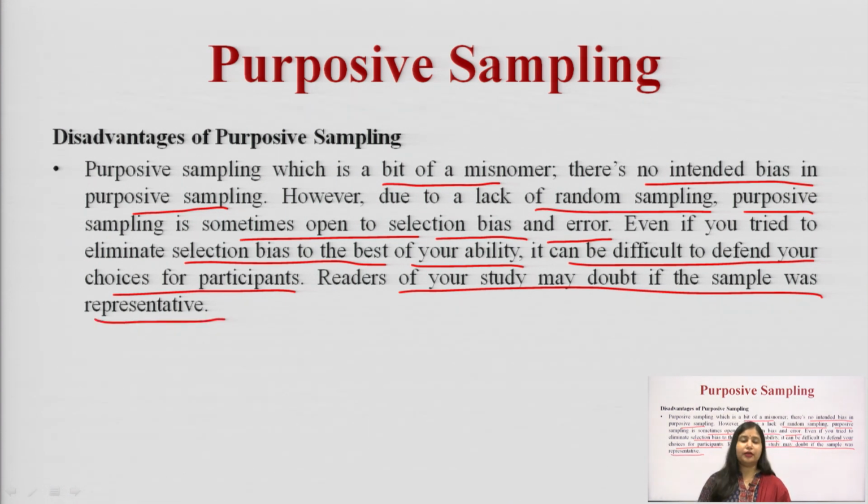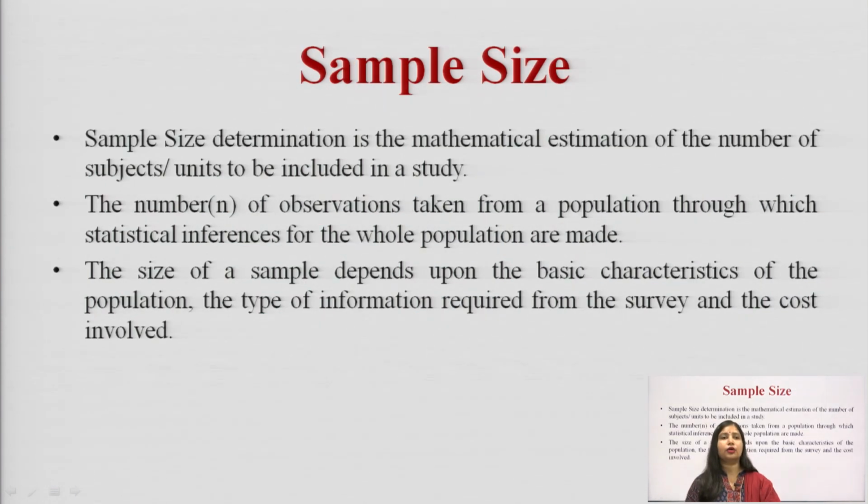Means they may doubt that the sample you have chosen is not a true representative of your study. So, these were the advantages and disadvantages of purposive sampling.